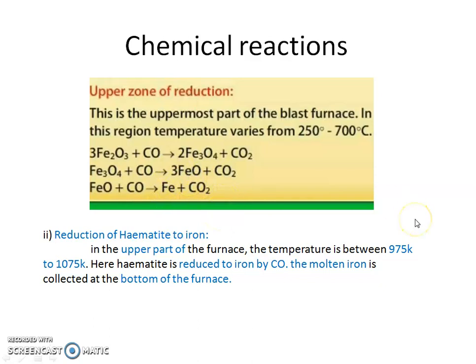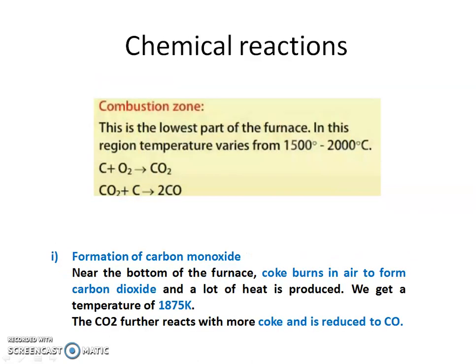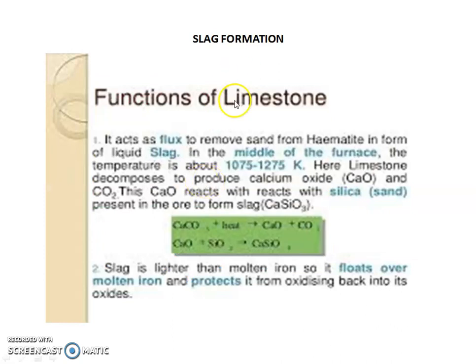Now, we have already stated that some flux is also added, that is calcium oxide. Calcium carbonate, that is limestone, is added. What is the action of limestone? We have to mention these actions also.